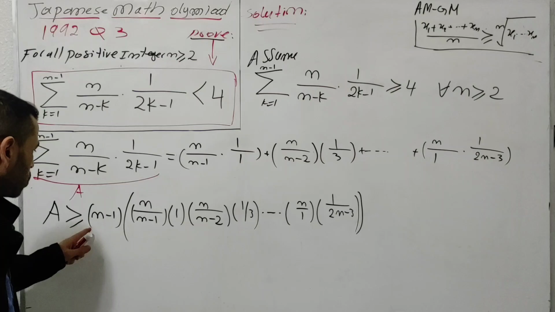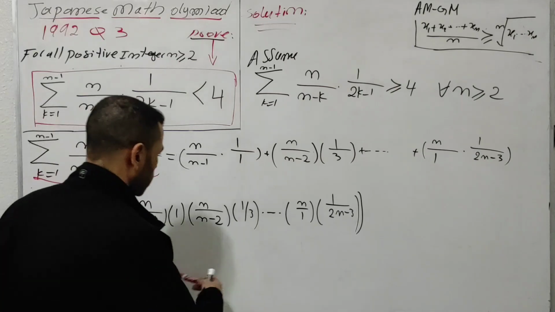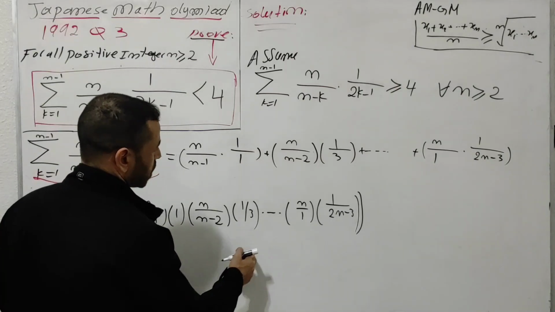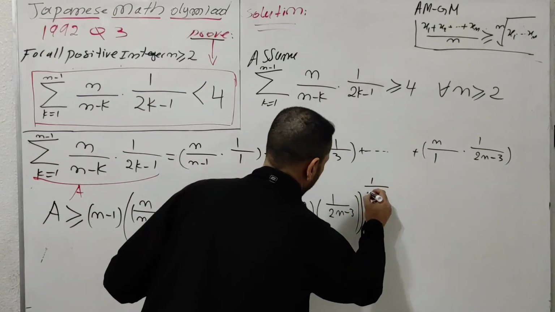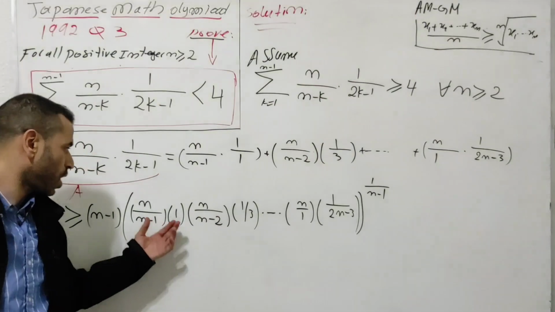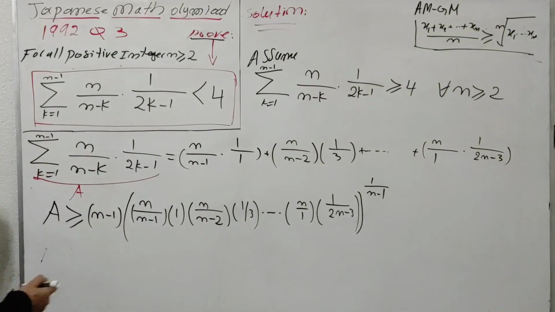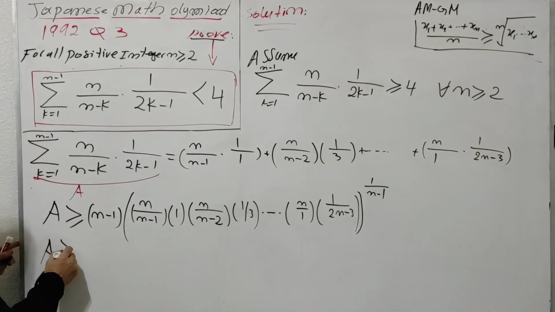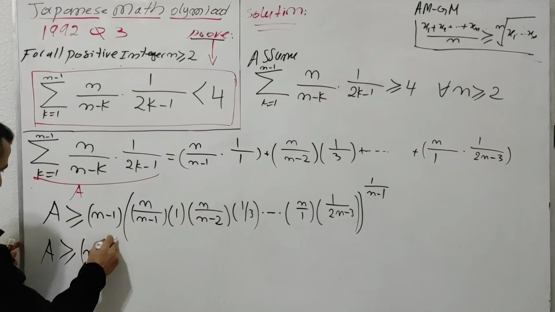So n minus 1 multiplied by this product, raised to the exponent 1 over n minus 1. Okay, I'm going to separate the n terms. So I get capital A is greater than or equal to n minus 1.